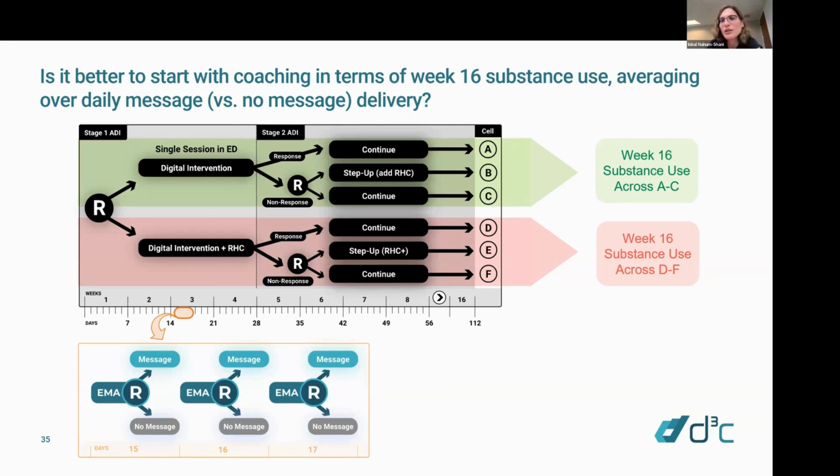That's the first thing that I want to do with the data. How do I do it? Again, believe it or not, I will take the mean outcome across the 3 cells in which participants started without coaching, and I'll compare it to the 3 cells in which participants started with coaching, the mean outcome of week 16 substance use. Again, I will be comparing half of my sample versus the other half.